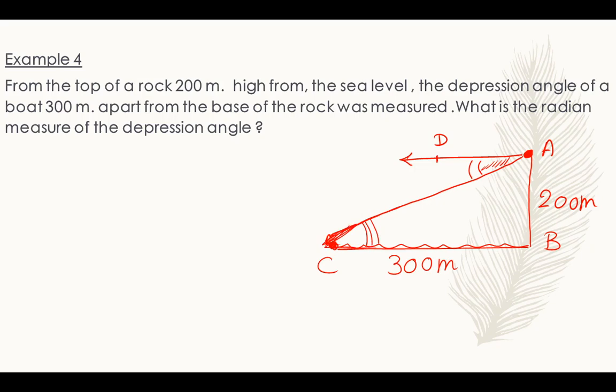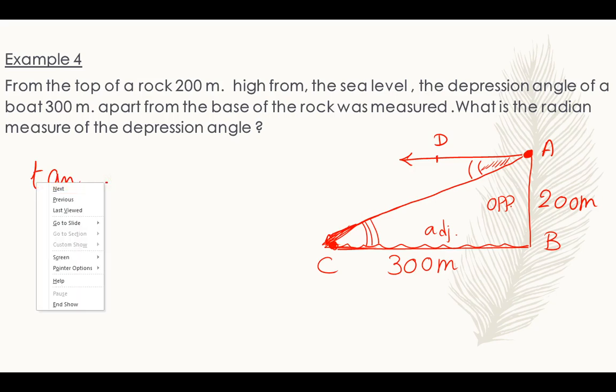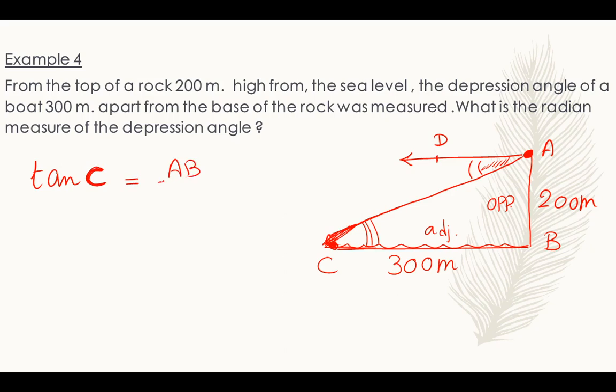So here first we need to find the angle of depression ACB, and we have AB, which is opposite to the angle C, and BC is the adjacent of the angle C. So we can use tan C. Tan C equals opposite AB over adjacent BC.